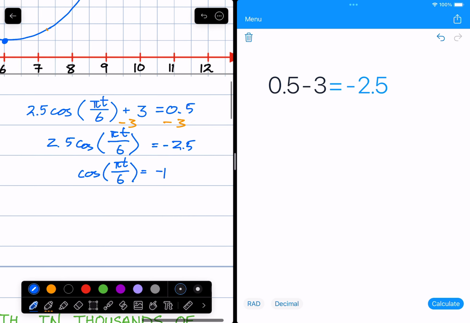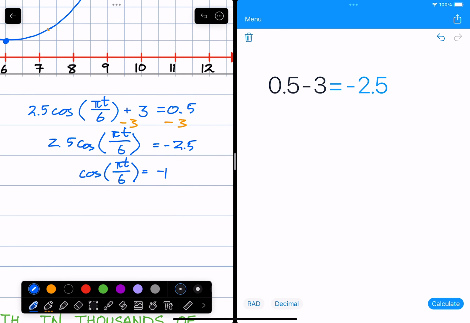At this point, we need to remember what values of theta in cosine give us negative 1. So to do this, we take the inverse cos of both sides.